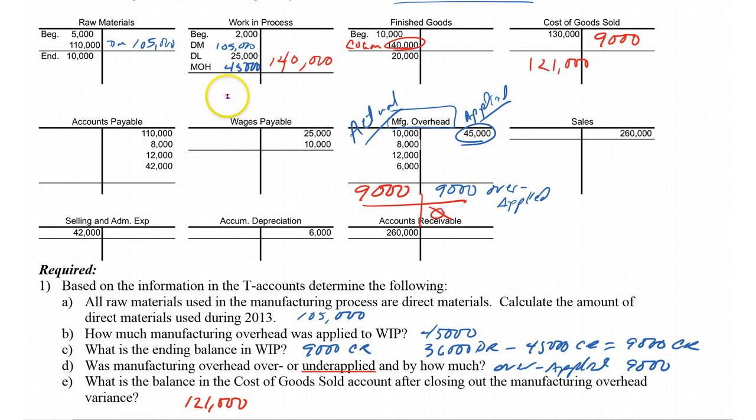Then my question might be, what's the ending balance in our WIP account? Well, let's add this up. That's 130 and 45 is 175. 177. So 177 minus 140 is an ending balance of 37.